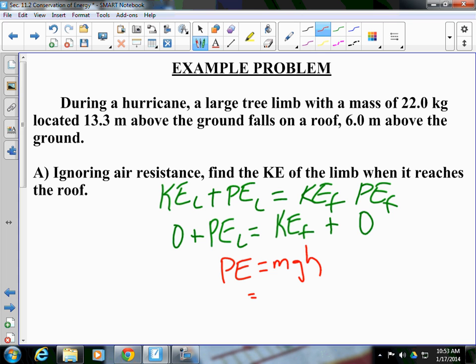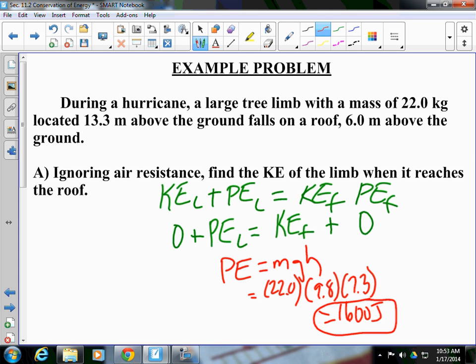That's equal to 22 kilograms times the gravity, 9.8, times the height between the tree and the roof. Well, 13.3 minus 6.0 is 7.3. When we do that, we end up solving for the tree with 2 sig figs, 1,600 joules.